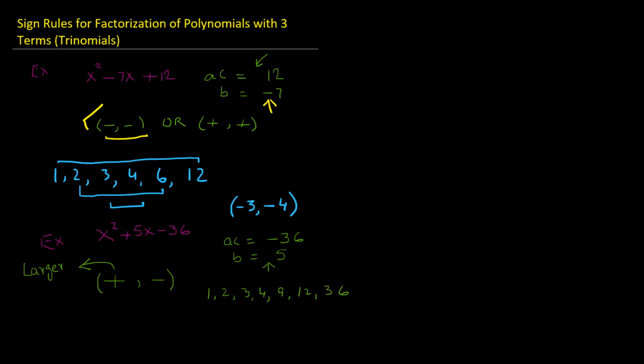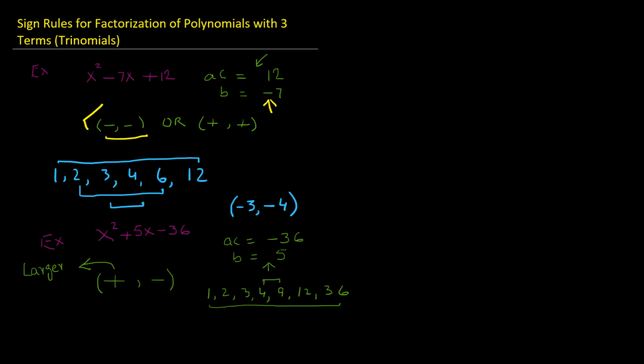One number will be positive and one negative, so we are looking at the difference of the numbers when adding. First we look at the multiplication. There are only a few ways. 1 into 36, but the difference is 35, not our numbers. We need a difference of 5. We can immediately see that 4 and 9 have a difference of 5.